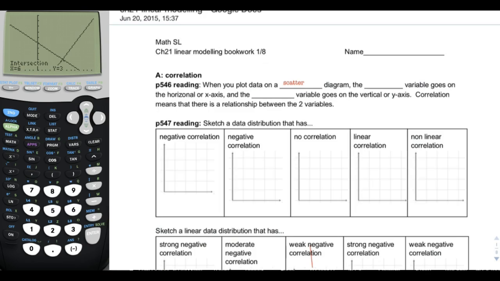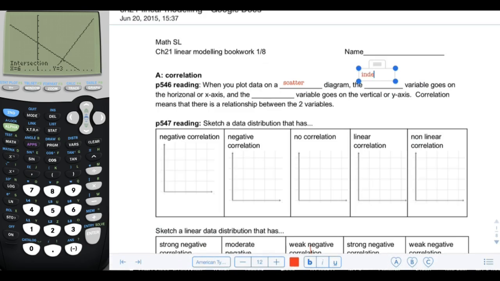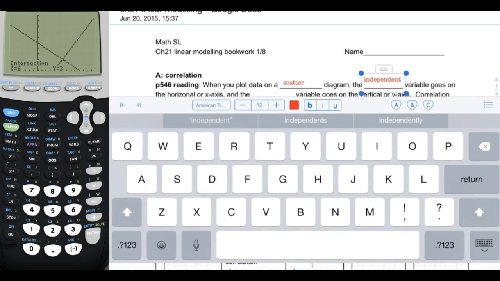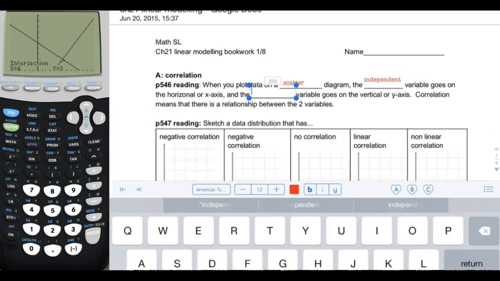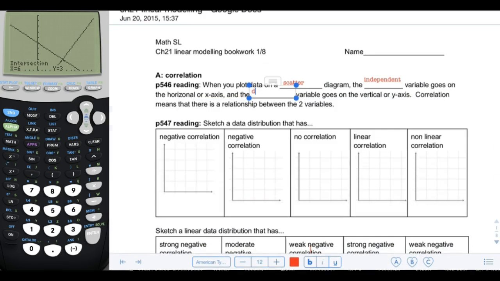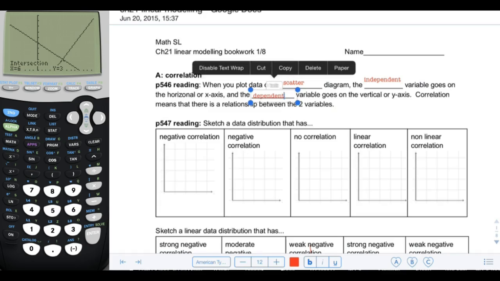The independent variable goes on the x-axis or horizontal axis, and then the dependent variable goes on the y or vertical axis. Every year at science fair we go back and remember that. Okay.